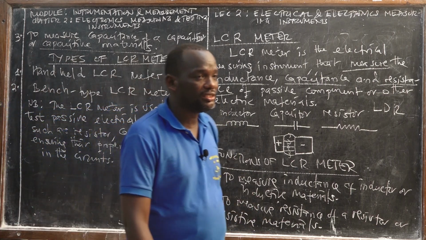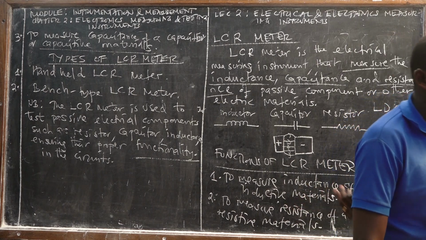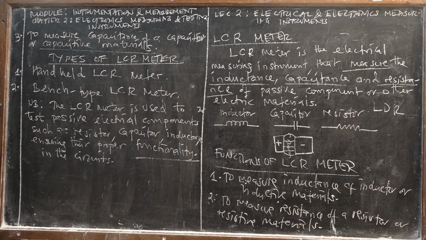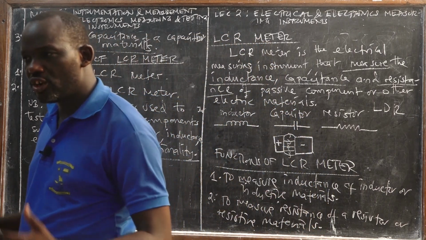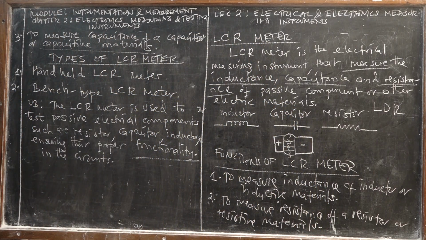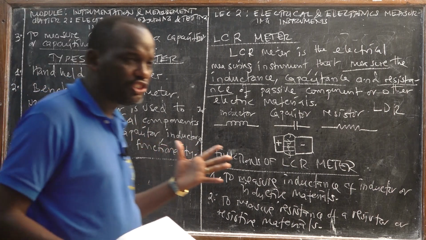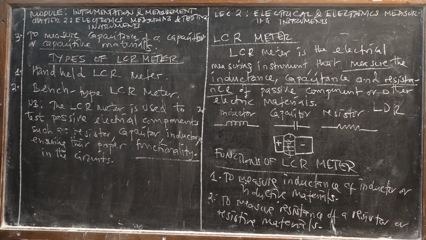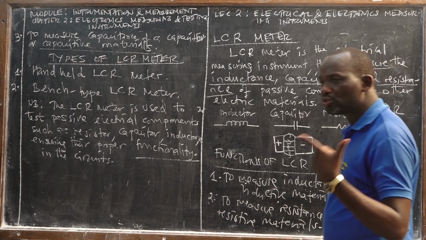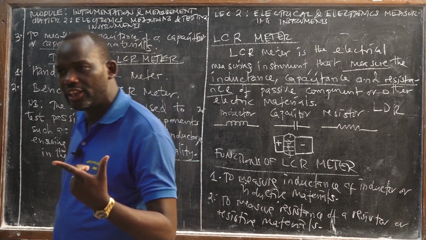So what does it mean? Sometimes you might have an inductor, a capacitor, and a resistor, but we are not sure whether the resistor, the inductor, or the capacitor is working or not working. The main function of an inductor is to store electric energy in the form of a magnetic field. The main function of the capacitor is to store electric energy in the form of an electric field.